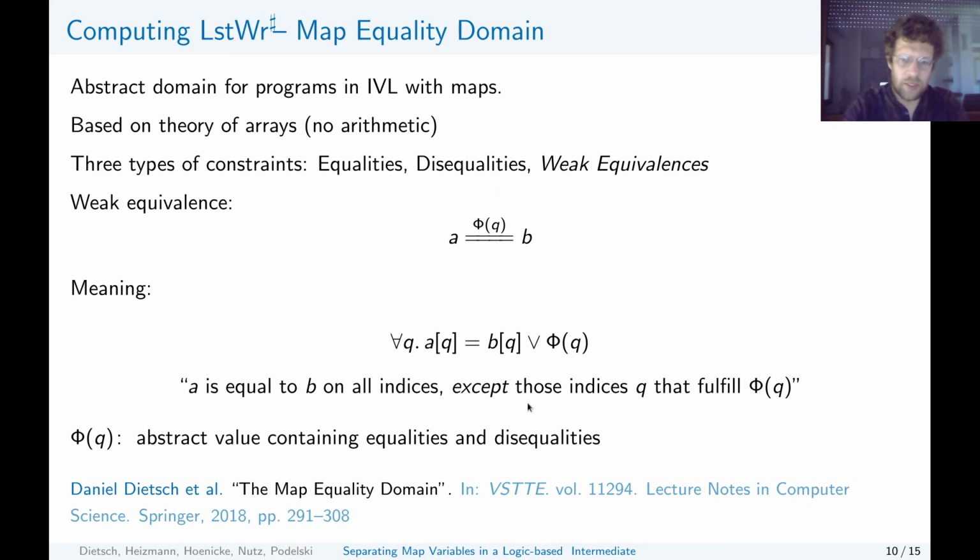Now, this predicate is again a predicate in our domain which stores equalities and disequalities. So we're presenting the domain in this paper.